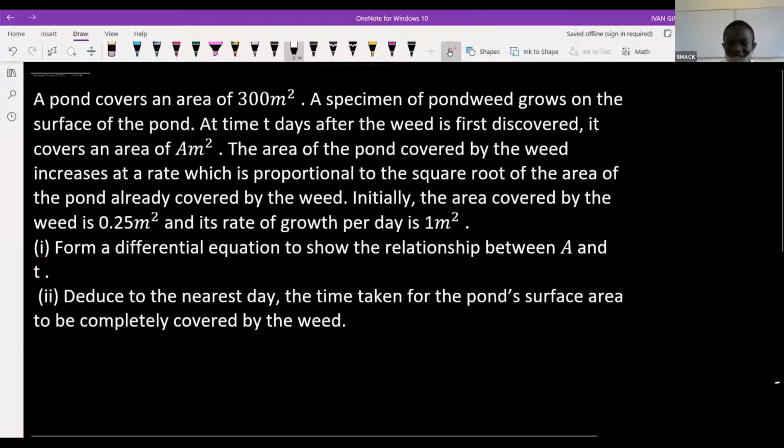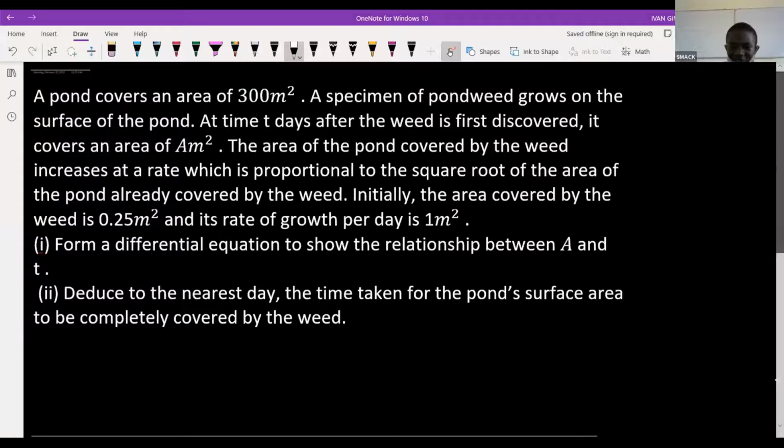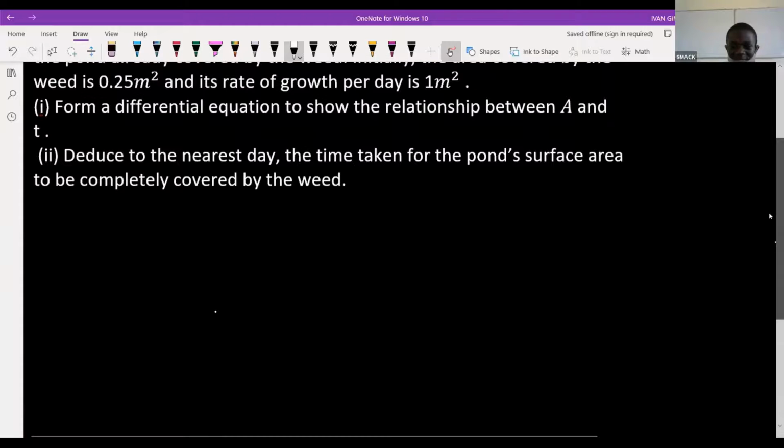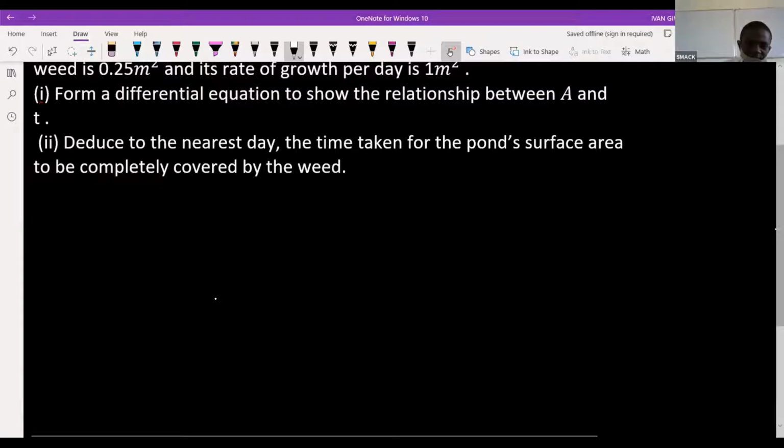The area of the pond covered by the weed increases at a rate which is proportional to the square root of the area of the pond already covered by the weed. Initially, the area covered by the weed is 0.25 square meters and its rate of growth per day is 1 meter squared. Form a differential equation to show the relationship between A and T.